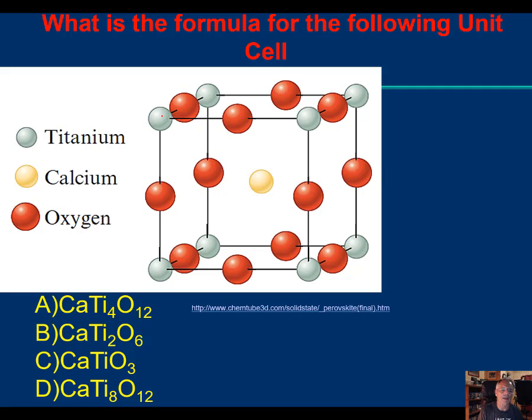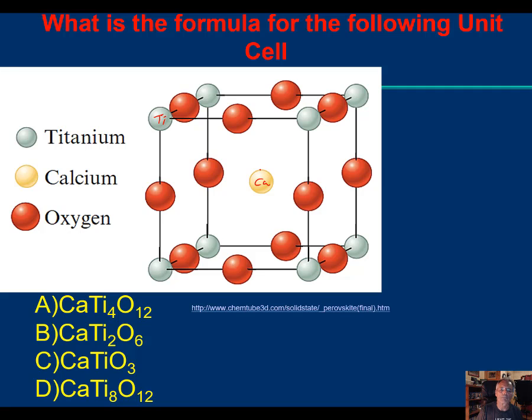So let's label things. First of all, we have titanium on the corners. So the titanium is in the simple or primitive cubic configuration, and all the silver guys are titanium. The calcium is this gold guy in the center. So here's calcium.